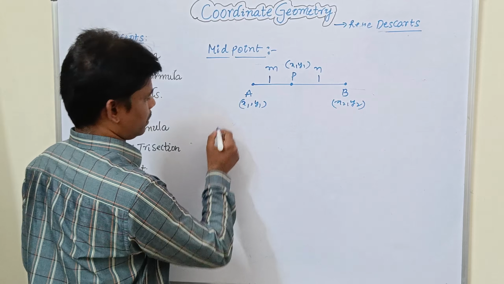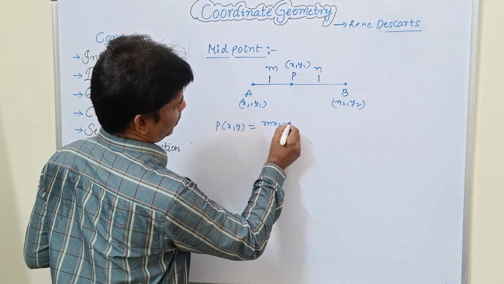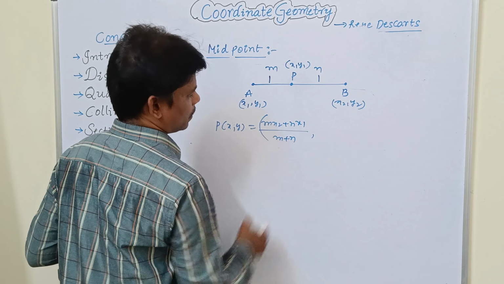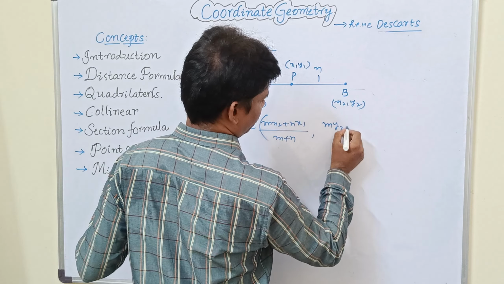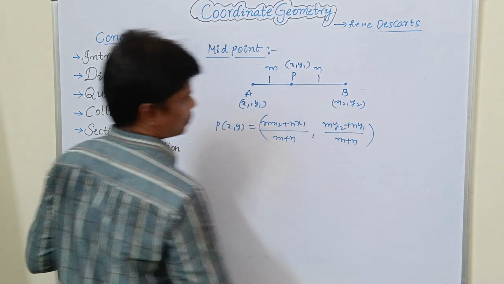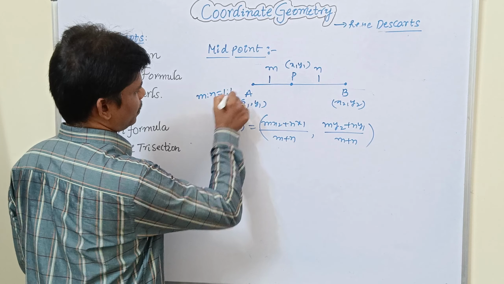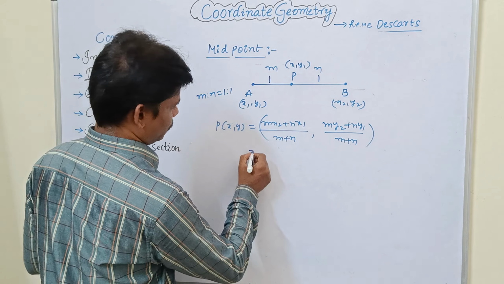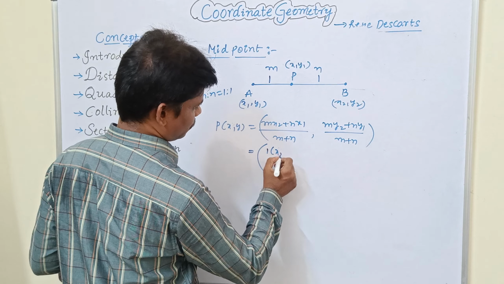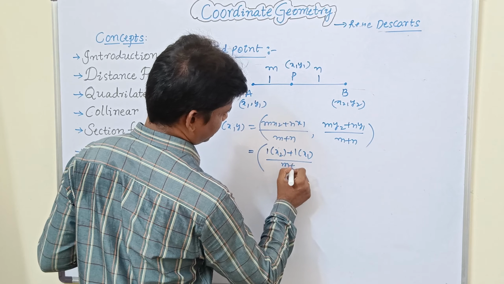We know the section formula: P of x comma y is equal to (mx2 plus nx1) by (m plus n), (my2 plus ny1) by (m plus n). The ratios are equal here, m:n is equal to 1:1. So substitute: m is 1 into x2 plus n also 1 into x1 by m plus n.